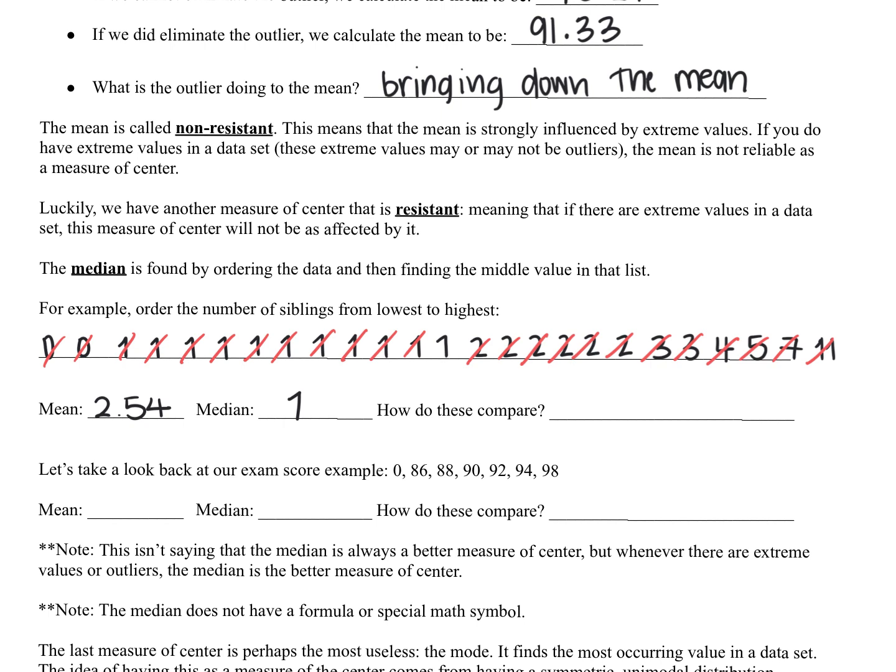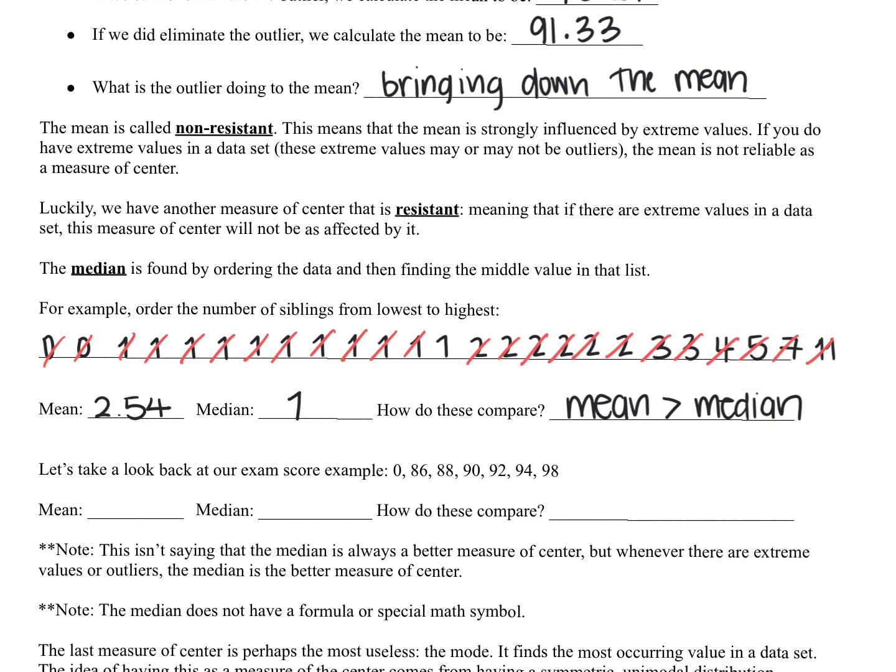So if I'm comparing these values, my mean is greater than my median. And this is probably because we have a person with 7 siblings and a person with 11 siblings. Those really pull up the mean to be a lot higher.